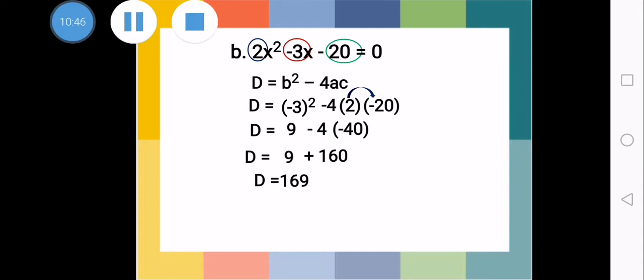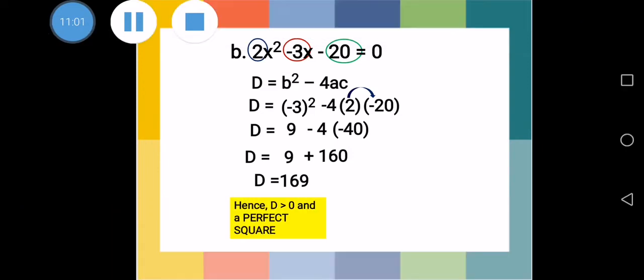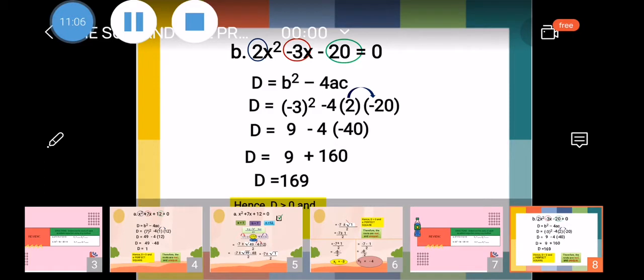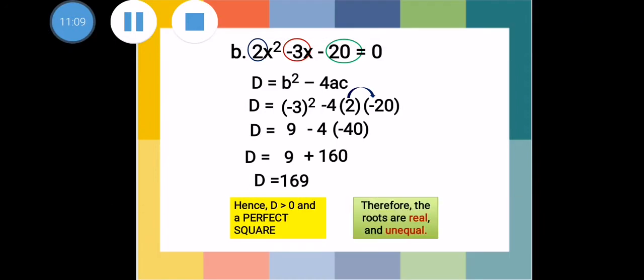At this point, meron na naman tayong discriminant na greater than 0 at the same time perfect square ulit. Bakit? Kasi si 169 po ay perfect square. Dahil square root of 169 is 13. And kapag perfect square po, so ang roots natin ay real and unequal.